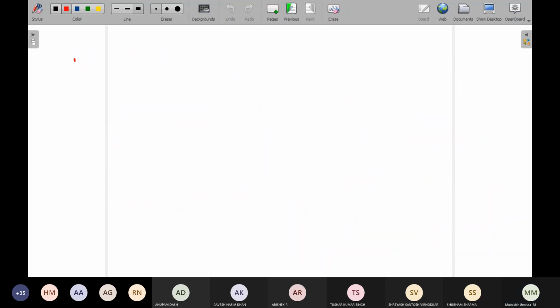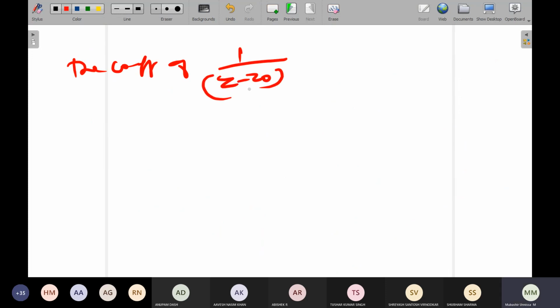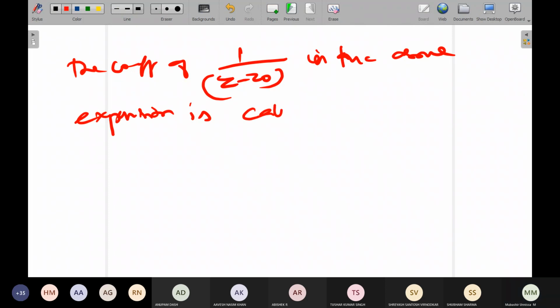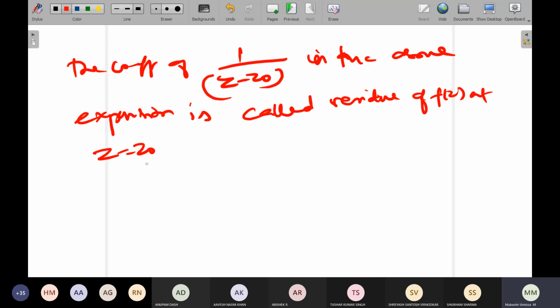You can write down: the coefficient of 1 by (z minus z naught) in the above expansion is called the residue of f of z at z equals z naught.